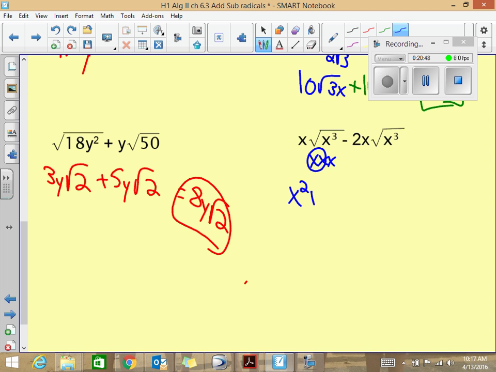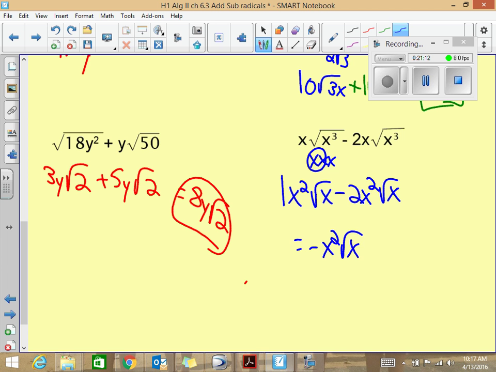So x squared radical x. And then same thing over here, right? And x can come out. So it becomes negative 2x squared radical x. So think about this as 1x squared minus 2x squared gives us, Taylor? Right, negative x squared radical x.